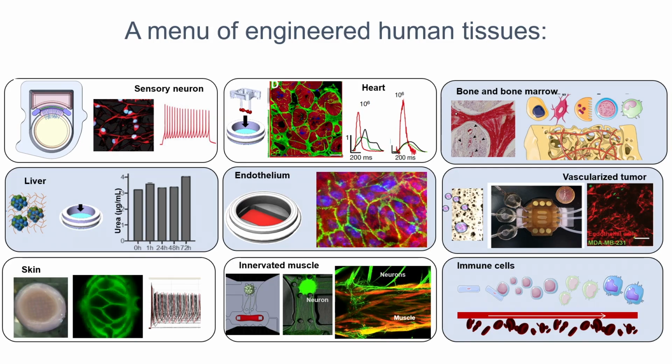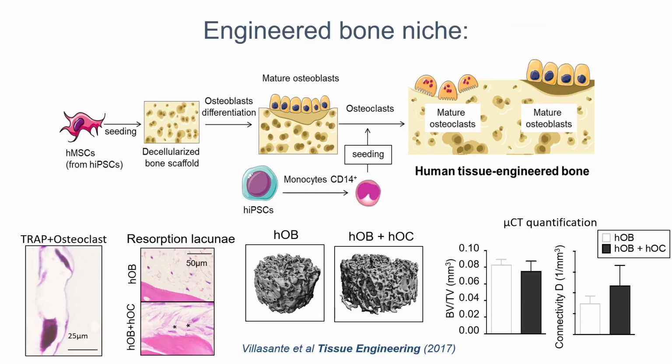So let me just show you two examples of tissues that are very different from each other, bone marrow and heart muscle, to illustrate what it is that we can do in terms of engineering and maturing these tissues, and also to show utility of these tissues even if they're used individually.